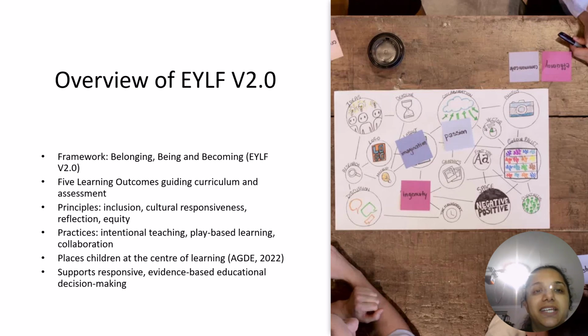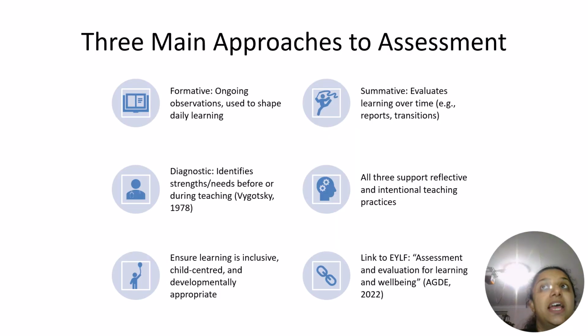Moving towards my next slide, which is about the three main approaches to assessment. There are basically three primary types of assessment in early childhood education, which are formative, diagnostic, and summative. Formative assessment is ongoing and used during teaching to adapt strategies.